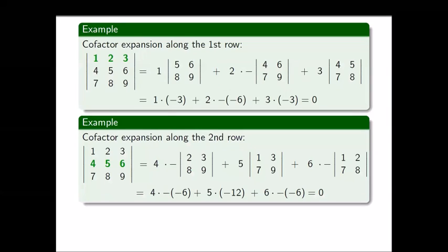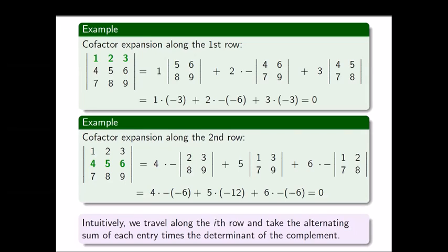We can also compute the cofactor expansion along a different row, and we're going to see that we get the same determinant no matter what. Intuitively, we travel along the ith row, and we take the alternating sum of each entry times the determinant of the complement. By complement, I mean the remaining part of the matrix that we get upon deleting the appropriate row and column.